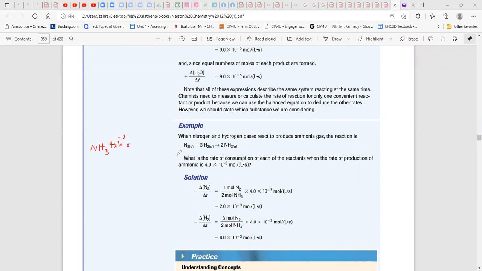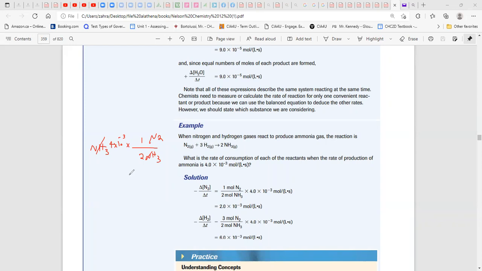I want to find the rate of reaction for N2. So the ratio is, for 2 moles of NH3, you have 1 mole of N2. That's why the NH3 and NH3 cancel. If you divide this one by 2, it will give you the rate of reaction of N2, as you see. 4 divided by 2 is 2.